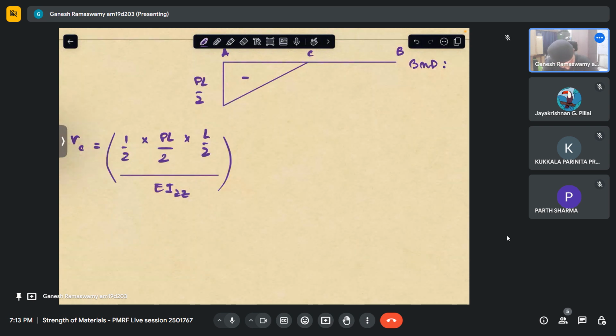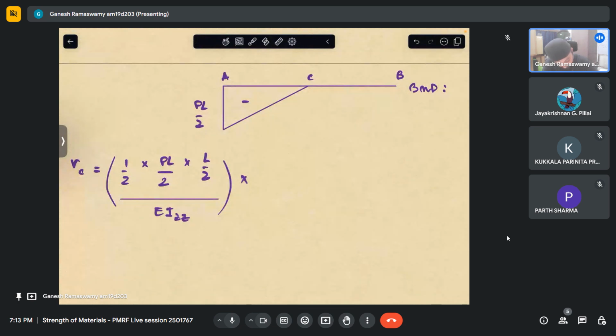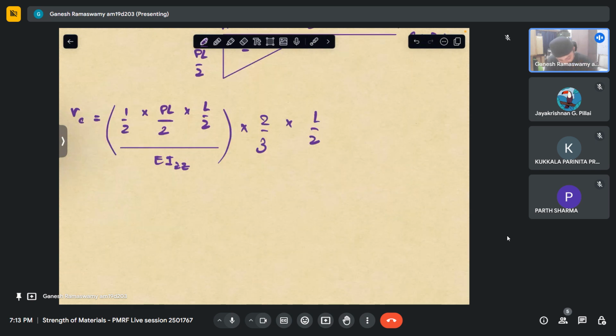The centroid of this will be at a distance of 2/3 the base from this point, which is 2 by 3 into the base, which is L by 2. So this is what VC is. So that will be 2PL cube by 8 into 2 into 3, 8 twos are 16, threes are 48 EI.